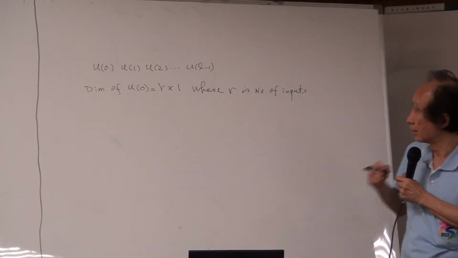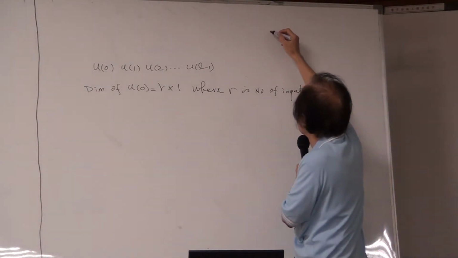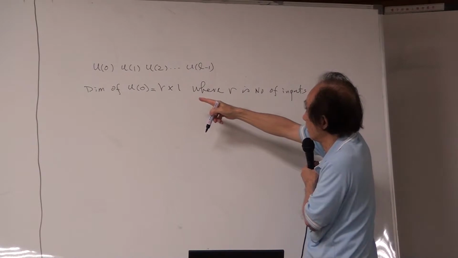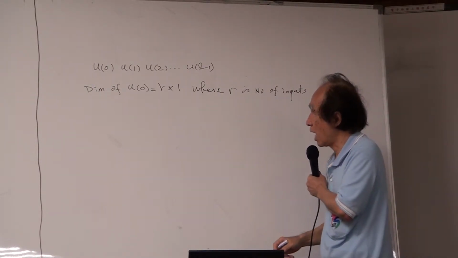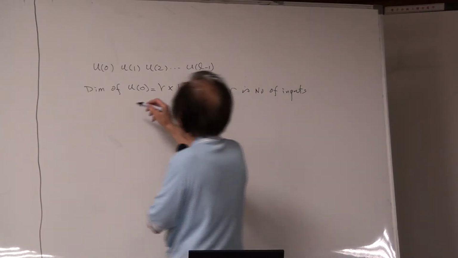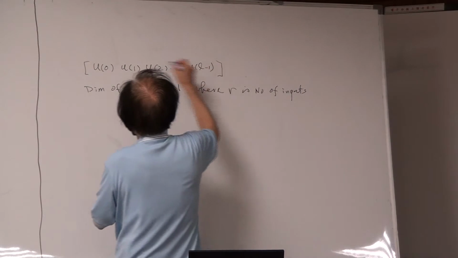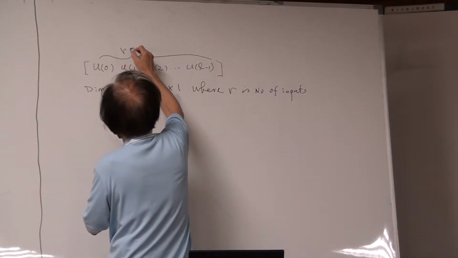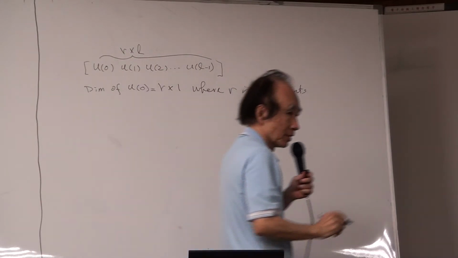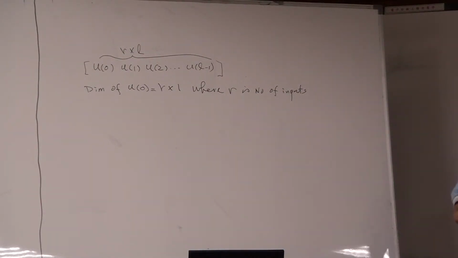If you look carefully, the whole matrix will be R by L. Agree? That's the same thing as the output. Any questions?